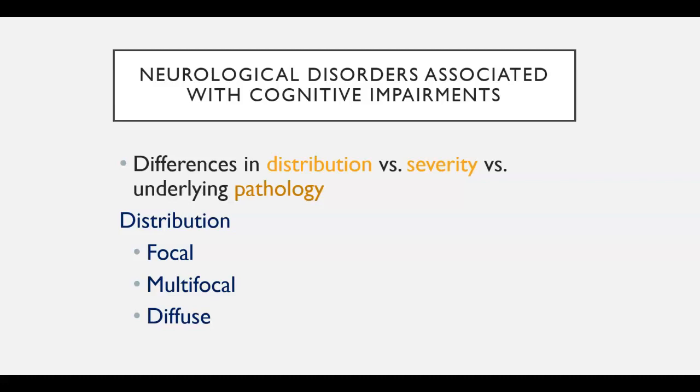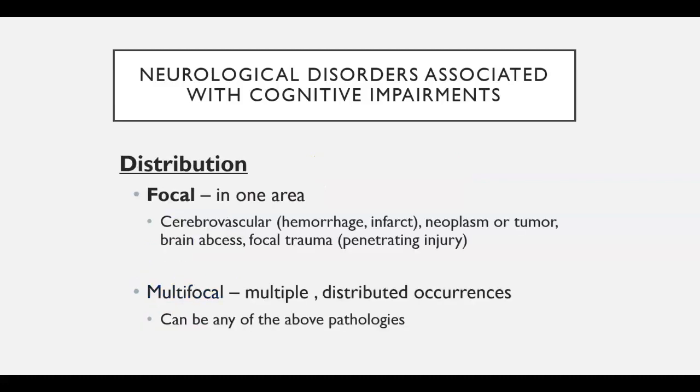So the type of cognitive impairment the person has will depend a bit on the distribution, on the severity, and on the underlying pathology. So back to the distribution, focal will be in one area. So as we mentioned, a stroke, a tumor in one place, there can be a brain abscess in one place. A penetrating injury could be focal.